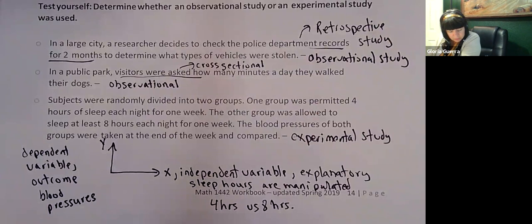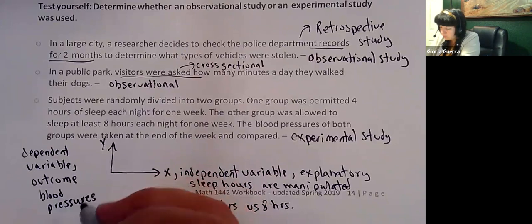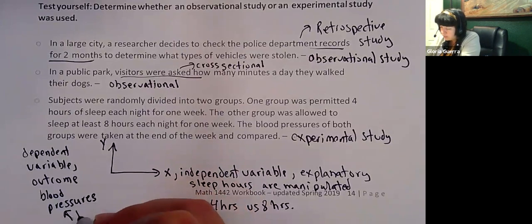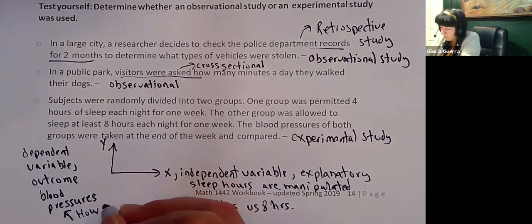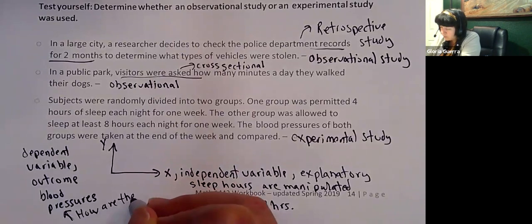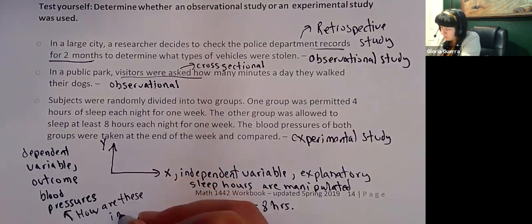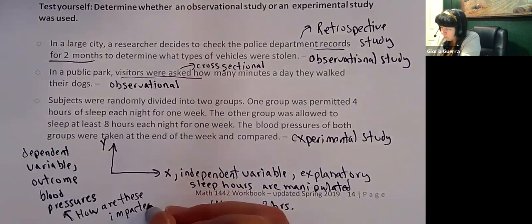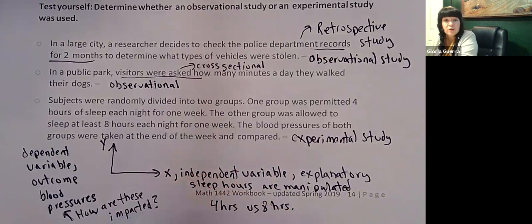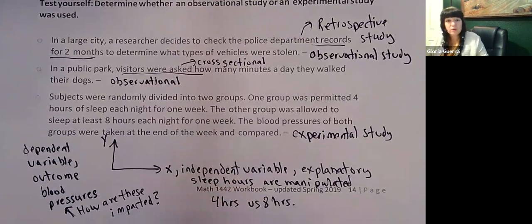Because of the manipulation of the independent variable, you want to look at the outcome, the blood pressures. So how are these impacted based on the manipulation of that? Okay.